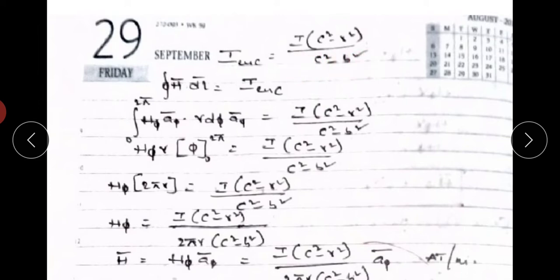Ampere circuit law formula: closed line integral H bar dot dl bar equals I enclosed. Integral 0 to 2π H_φ a_φ bar dot R dφ a_φ bar equals I into (C² − R²) by (C² − B²). H_φ into R integral dφ from 0 to 2π equals I (C² − R²) by (C² − B²), so H_φ into 2πR equals I (C² − R²) by (C² − B²). So H_φ equals I (C² − R²) by 2πR (C² − B²).